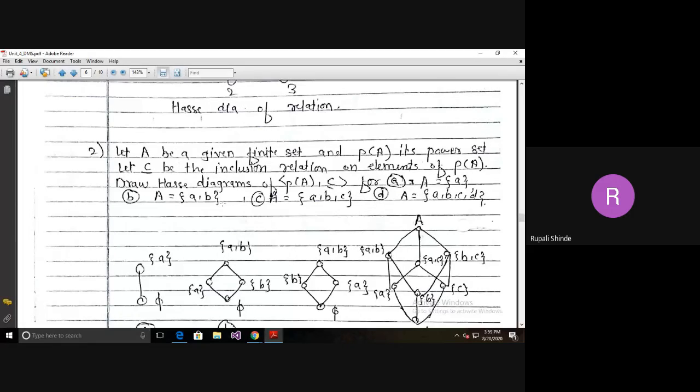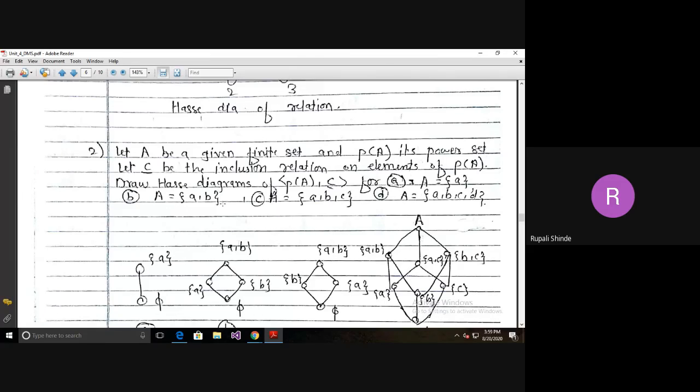If your set A consists of two elements A and B, then its power set will consist of four elements. So what are those elements? Phi, set A, set B and set A comma B.